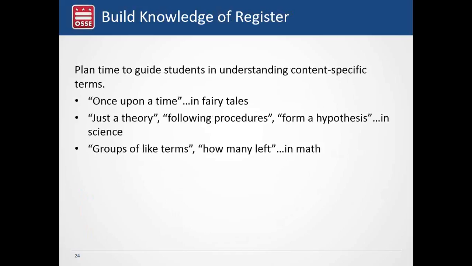Register is a term used in the language world to define words that are used together in a certain content, not necessarily sound as in sound waves. Plan time to guide students in understanding content-specific terms. So in fairy tales, you'll hear "once upon a time" and "the end." And also note that the characters tend to come in 3s.